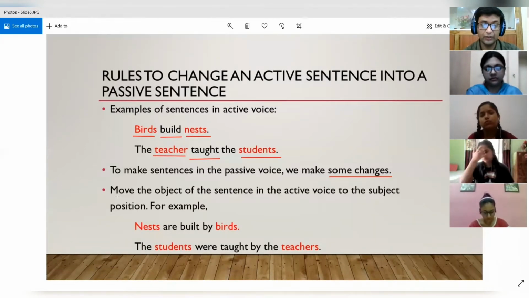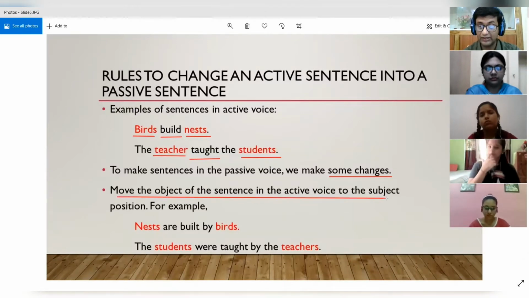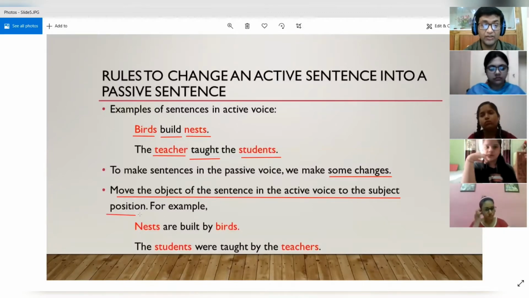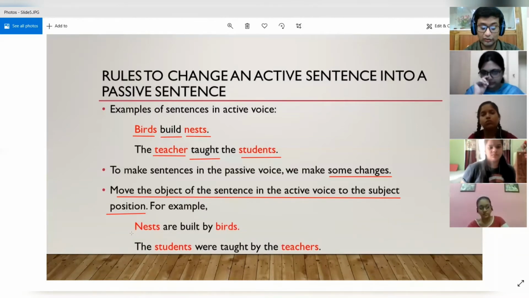So this is the first and the most important thing, that the object of the sentence that is present in the active voice is placed on the subject position in the passive voice. For example, here the object is nest in the active voice.